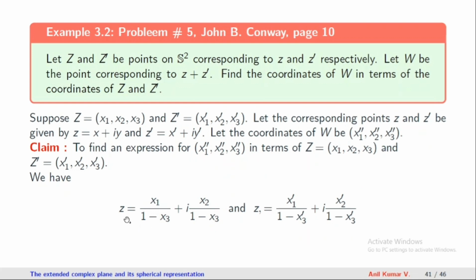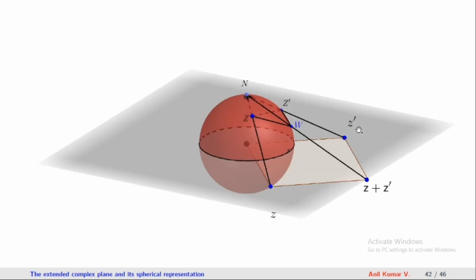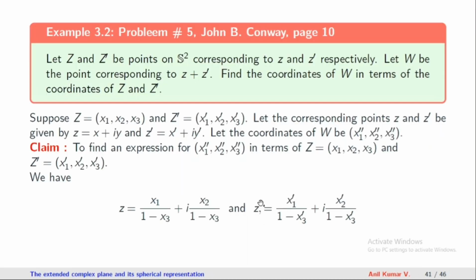So we have z is equal to x1 divided by 1 minus x3 plus i into x2 divided by 1 minus x3. Similarly, z prime is the pre-image of this spherical image. Therefore, z prime can be written as x1 prime divided by 1 minus x3 prime plus i into x2 prime divided by 1 minus x3 prime.